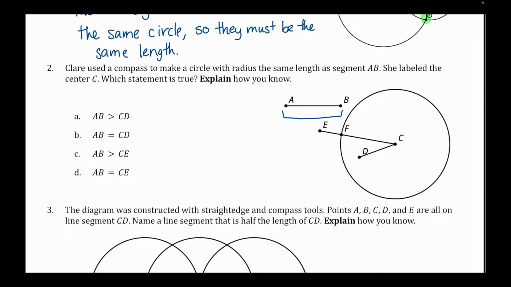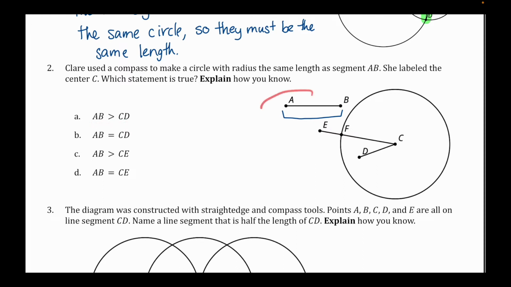Now we have a couple pieces here. We have some inside the circle at CD. I meant to use my laser pointer here at CD. We also have CF, and then we have a tiny segment EF. So our first statement says AB is greater than CD.